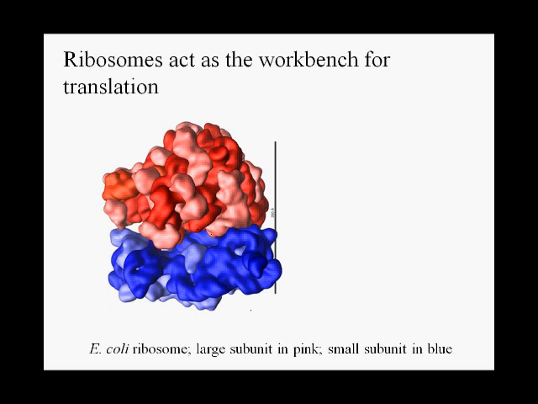What's shown here are the two subunits of the ribosome, the large and small subunits, docked together. Now in the cell, these two subunits are docked together only in the presence of messenger RNA and only in the process of translation. If there is no messenger RNA, these two subunits are separated.